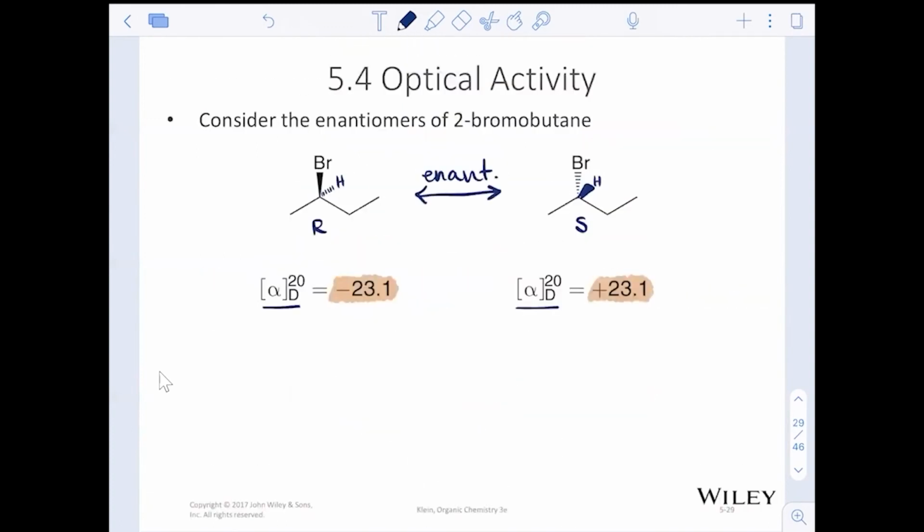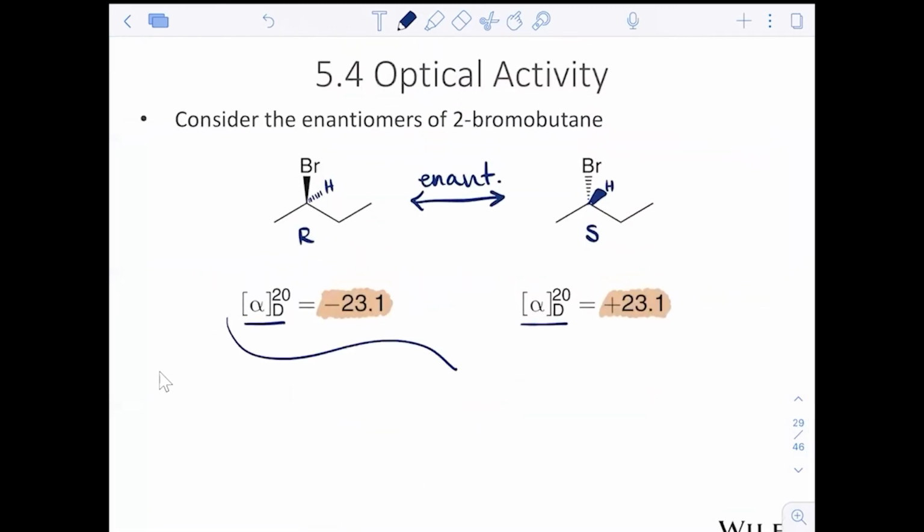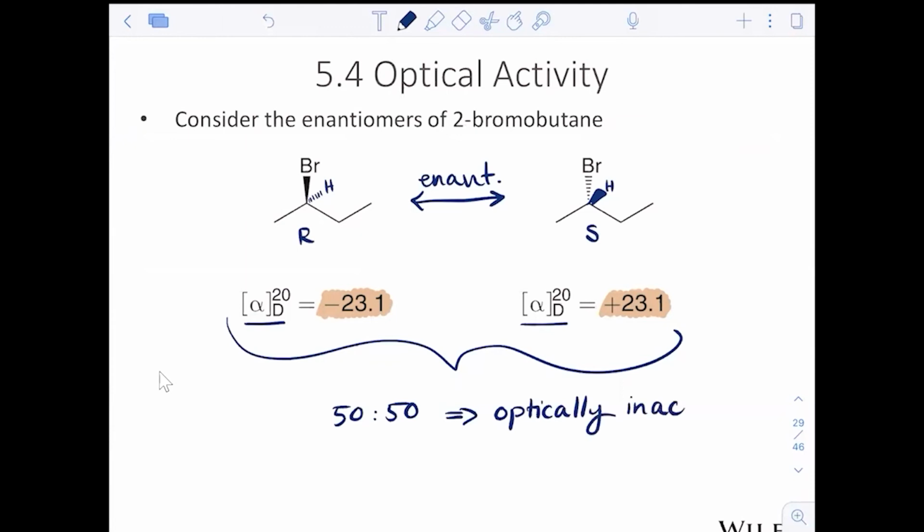If we had these two compounds together in a 50-50 mixture, this mixture would be optically inactive because half of the compounds were rotating negative 23.1 degrees, and half of the compounds are rotating back to positive 23.1 degrees. So a racemic mixture is a perfect 50-50 mixture of enantiomers, and it is optically inactive.